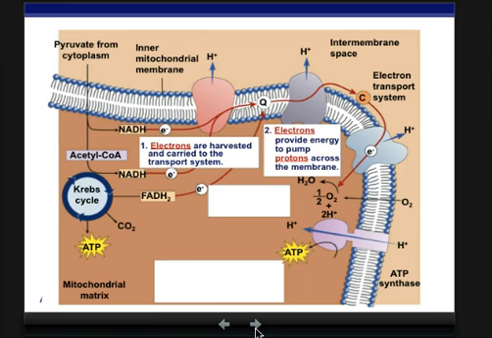So number 2, electrons provide energy to pump protons across the membrane. So the electron transport chain pushes hydrogen ions out into the intermembrane space. Oxygen joins with protons to form water. Remember, oxygen is the driving force of the electron transport chain, pulling the electrons along.